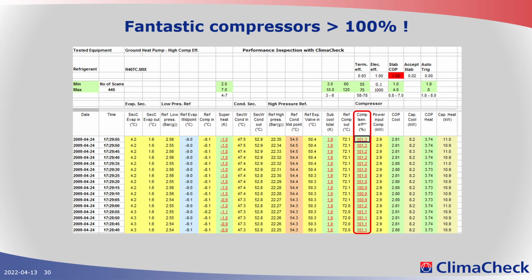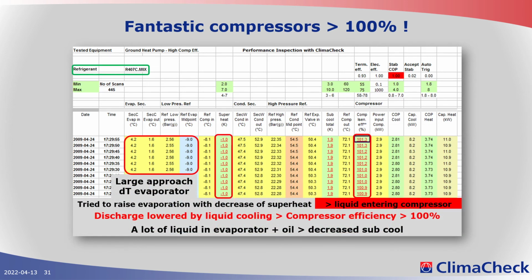And when I started to investigate the history of this case, it turned out that they had a problem with the terrible performance of the evaporator. So somebody came out, figured, oh, I have too low evaporation, and had learned somewhere that if I decrease my superheat, I'm going to get better performance in my evaporator.